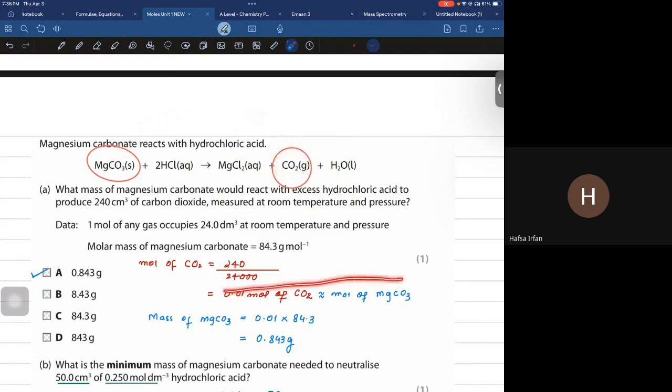Of course, the moles are the same. So I'm considering 0.01 moles of magnesium carbonate. Now they are asking the mass of magnesium carbonate. So mass is equal to Mr multiplied by moles. Mr of magnesium carbonate is given to you, that is 84.3. Then I'm getting the mass of magnesium carbonate, that is 0.843 grams.